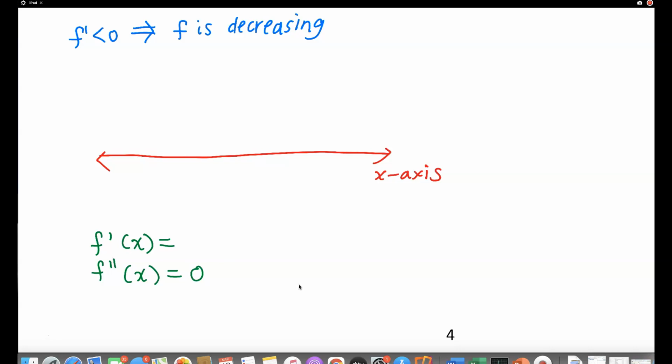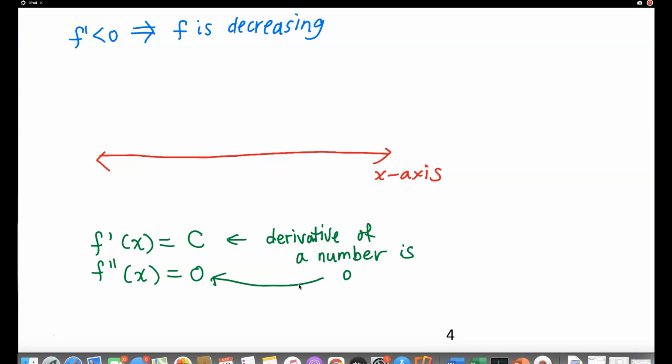If the second derivative is 0, what does that say about the first derivative? Wouldn't that be a constant function? Wouldn't that be just a number, right? If you take the derivative of a number. See, I told you these ones are a little bit tricky. Derivative of a number is 0, right?